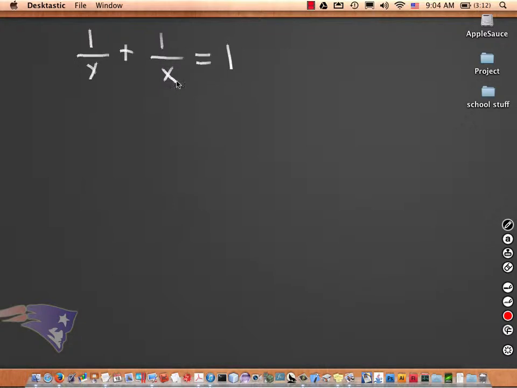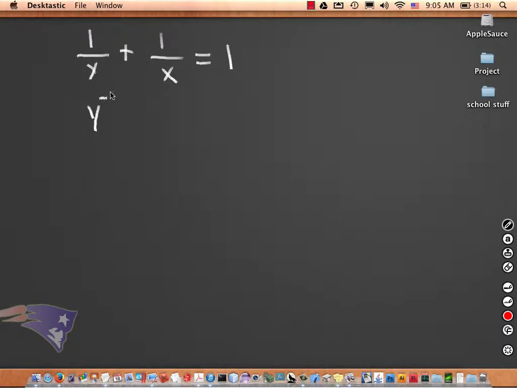Yes, it is. So we could know what it is explicitly, but we're not going to. We're going to proceed implicitly, not knowing what the equation is.